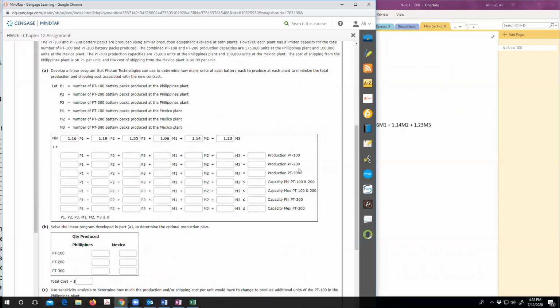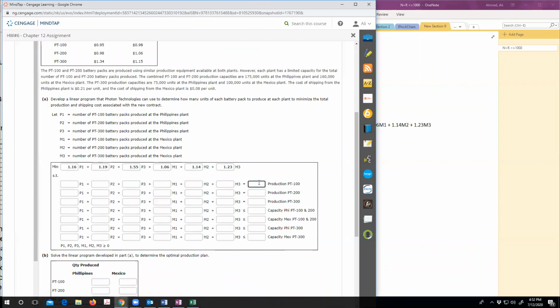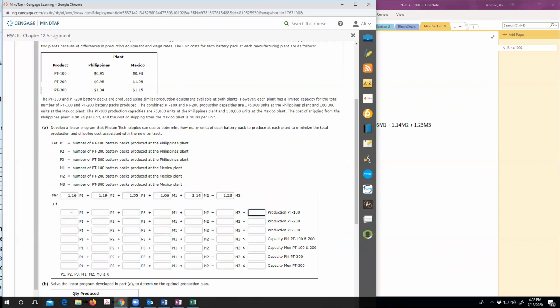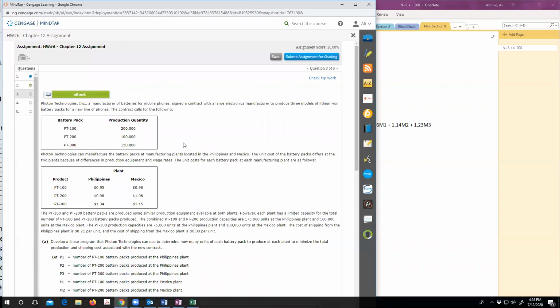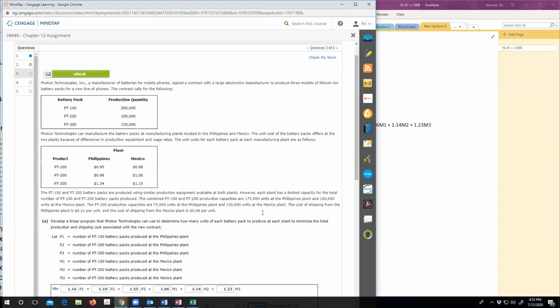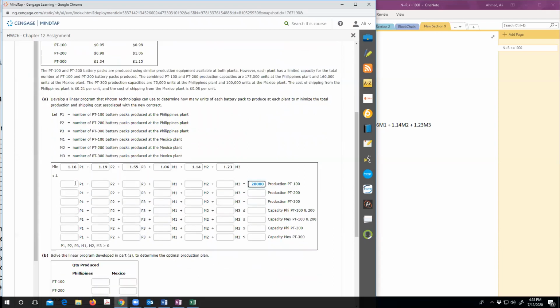First three constraints, actually, production of this one. So whatever we do, we cannot go above, because the company does not need more than 200,000 of this.